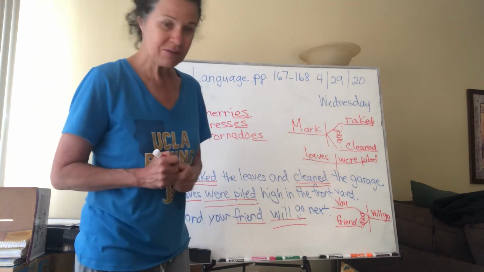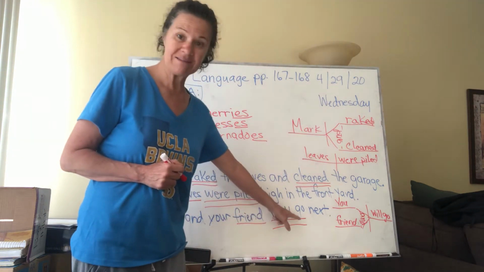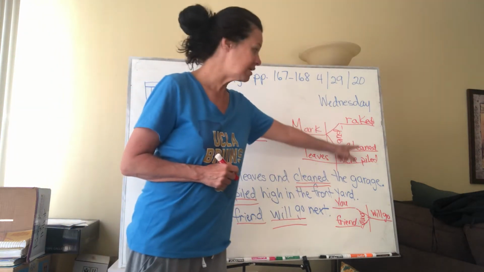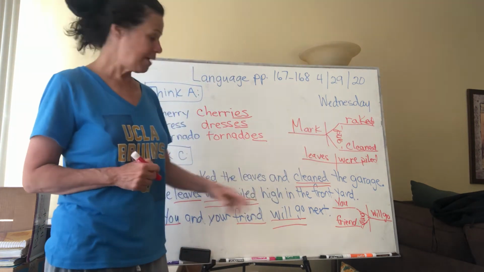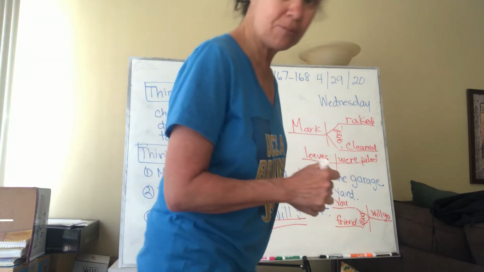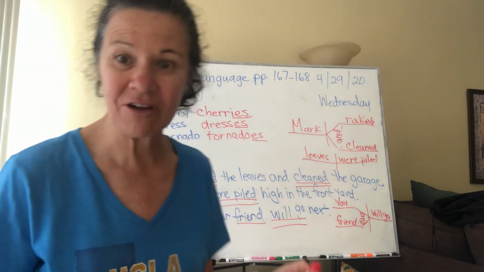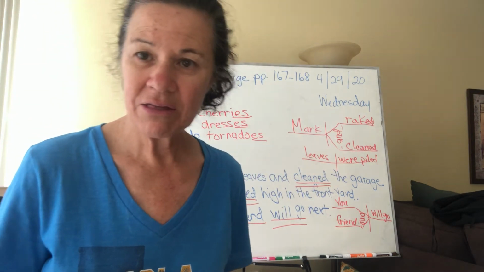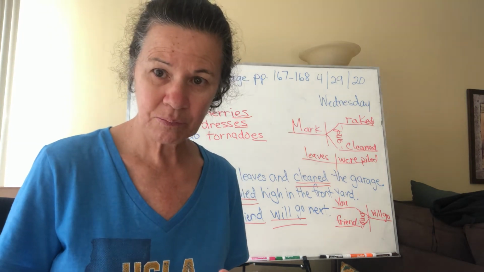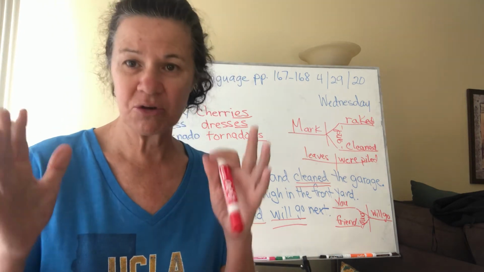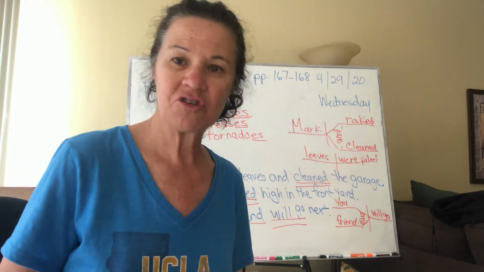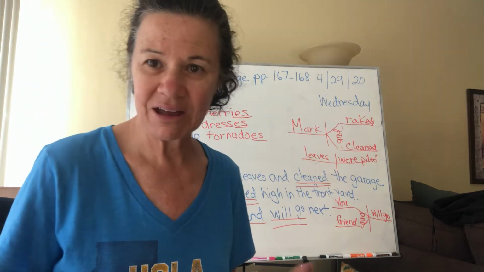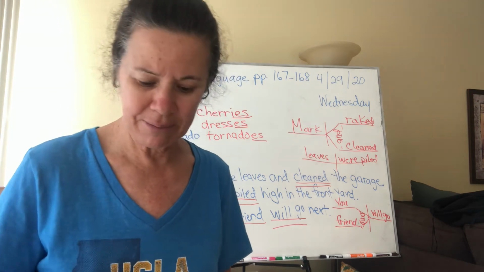Once again, there's a difference between a verb phrase and a compound verb, like raked and cleaned, 2 actions. When you have a helping verb next to an action verb, that is a verb phrase. That is different, okay, than a compound verb, which is 2 actions: raked and cleaned, jumped and skipped, swam and rested, ate and drank, etc. Okay?